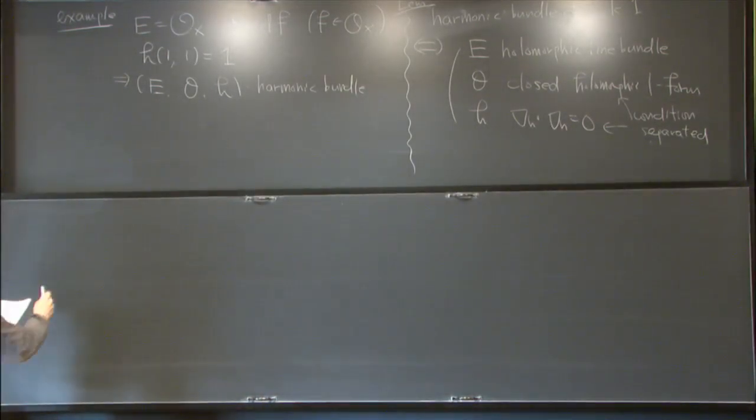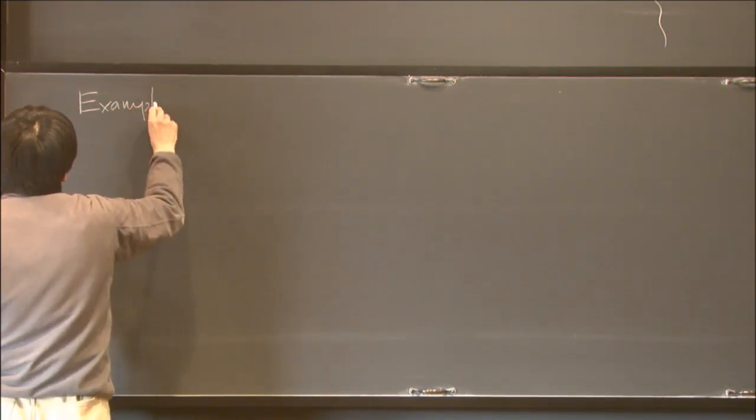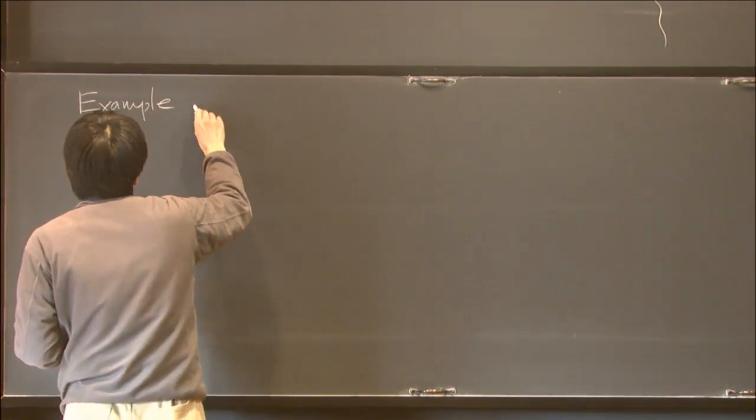And another important example is given by polarized complex variations of Hodge structures.